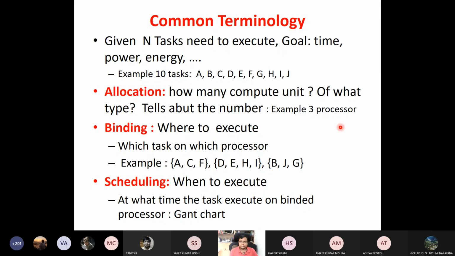Sir, what is the typical sequence of binding and scheduling? Do we do binding before scheduling, or do we do scheduling before binding? That also we can define. Some algorithms do binding before scheduling, scheduling and binding one after another, and iteratively they also refine the scheduling and binding.